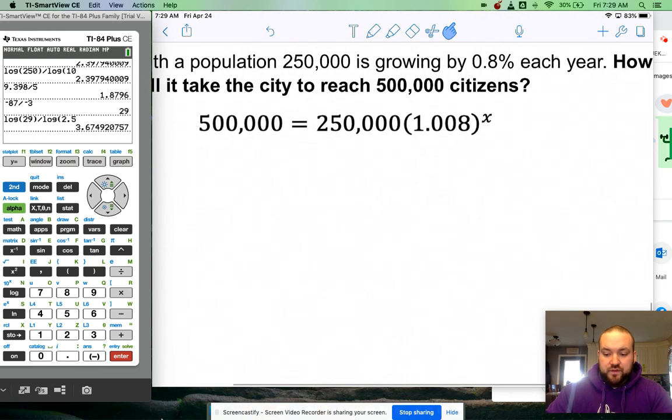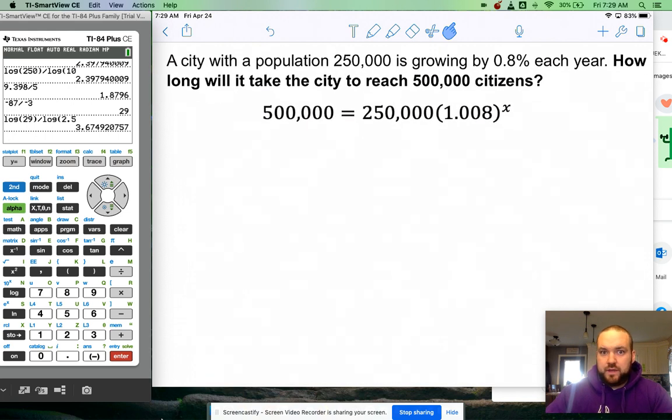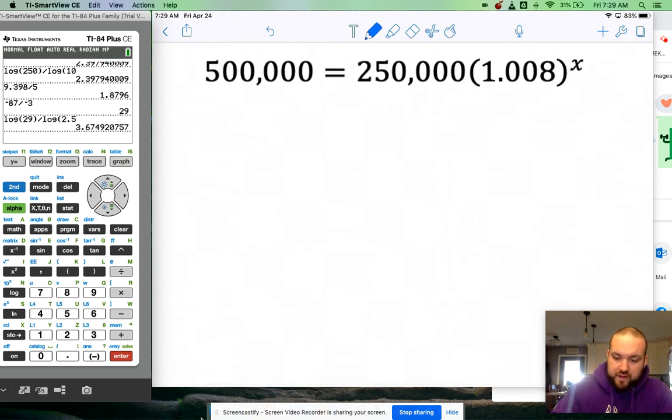All right, so let's revisit that problem from earlier. How long will it take this city to reach 500,000 citizens? Okay, so here's what the equation would look like. Here's our starting value of 250,000, and here's our future value, which we know is 500,000. What we don't know is how much time it's going to take.